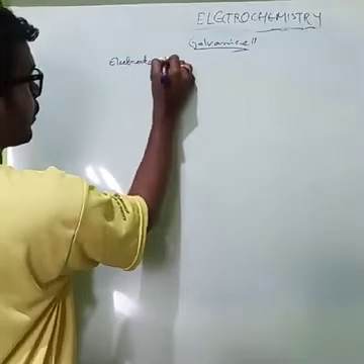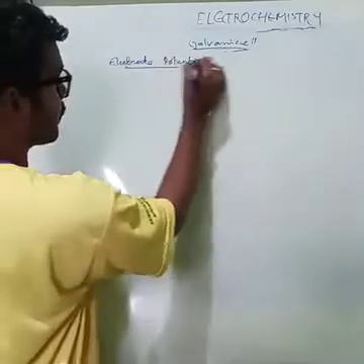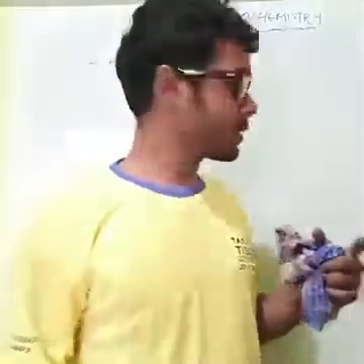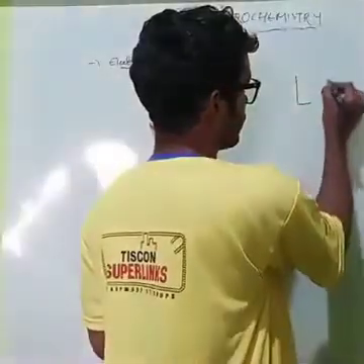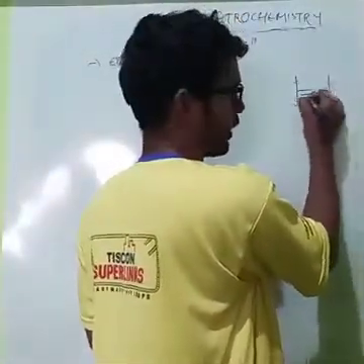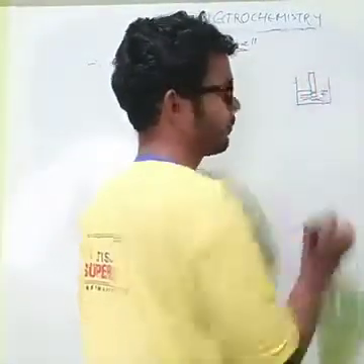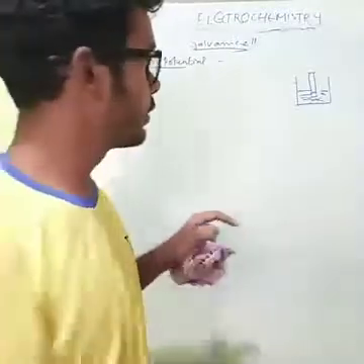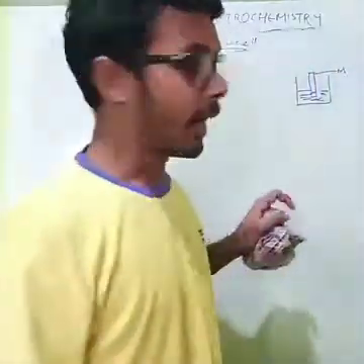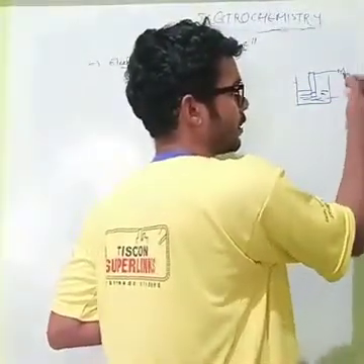Electrode potential terms. The potential difference. Suppose it's a liquid or electrolytic solution, and this is a rod, an electrode, which is one metal, and this is the electrolytic solution.